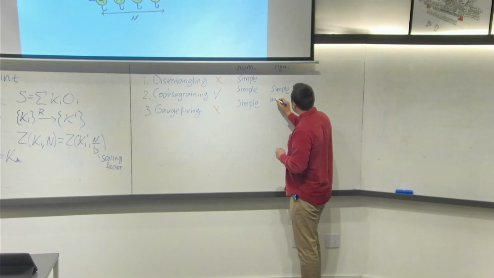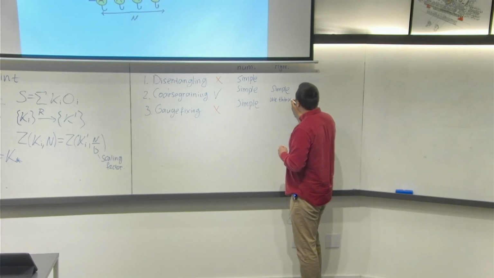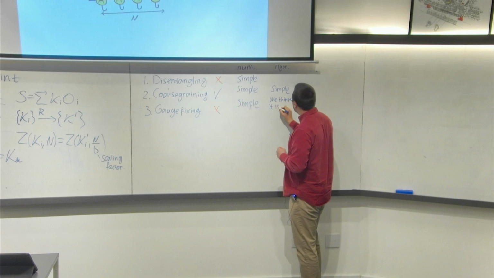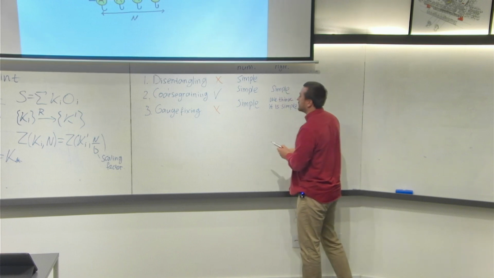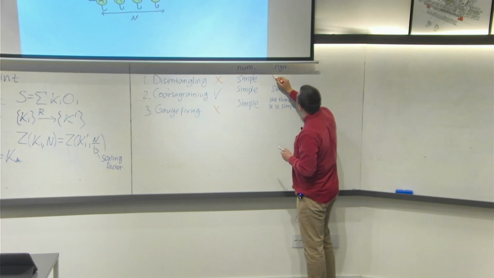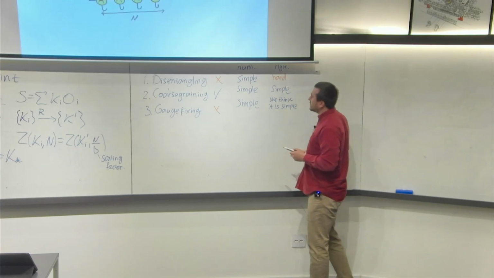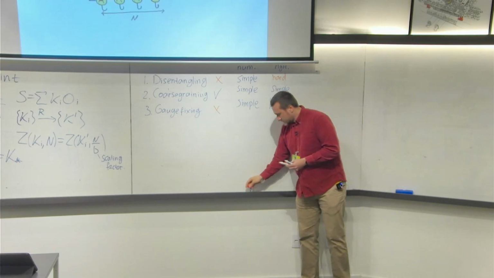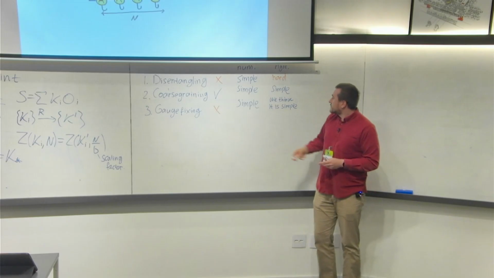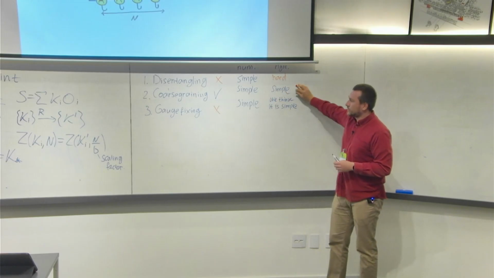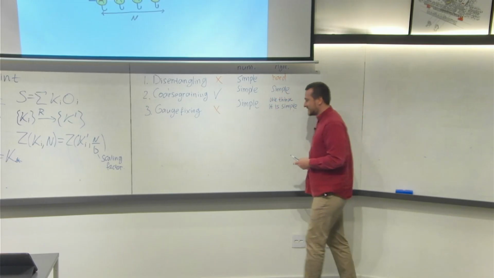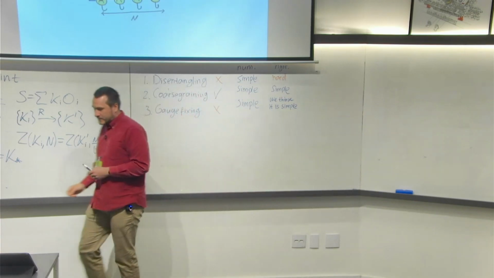So we think it is simple. Yeah, but you may guess that at least something's supposed to be hard, so yeah, disentangling is hard. So this table explains you why I'm going only to talk about coarse graining, because it's simple in all the regimes.